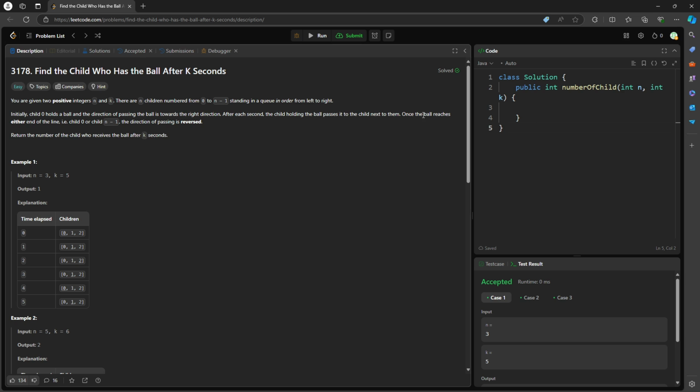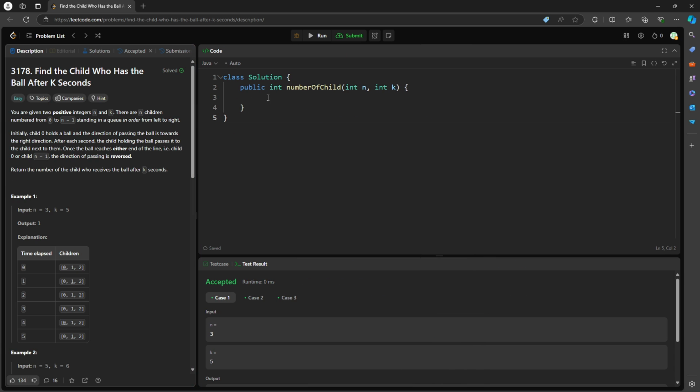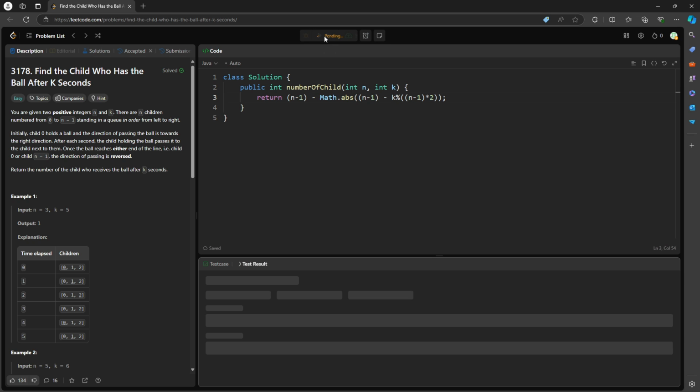It might confuse you, but let's go over it. So return the absolute value of n minus 1 minus k mod by n minus 1 times 2. And then submit.